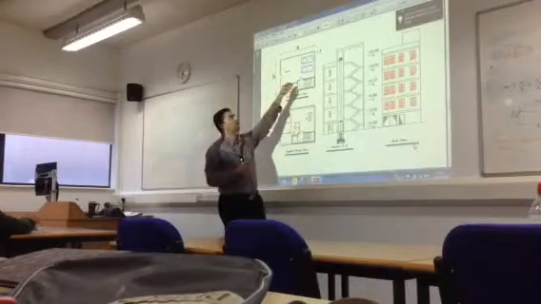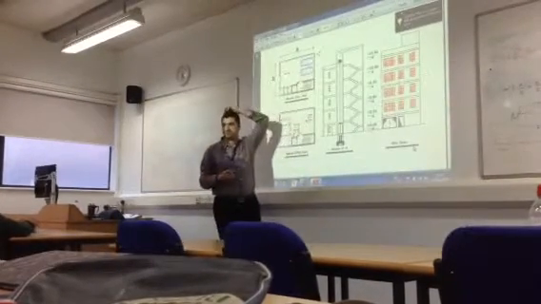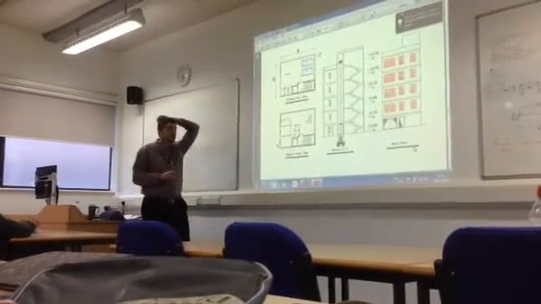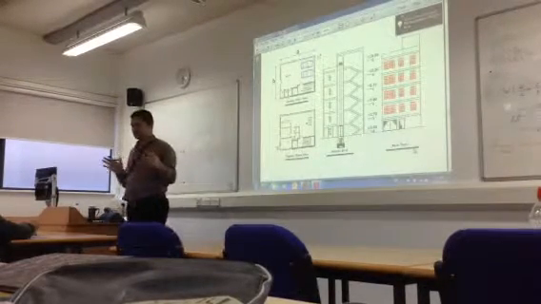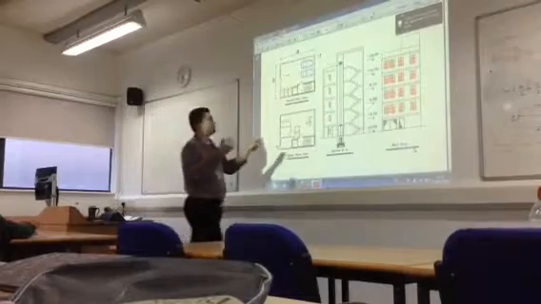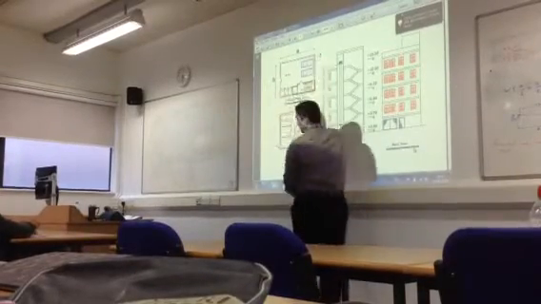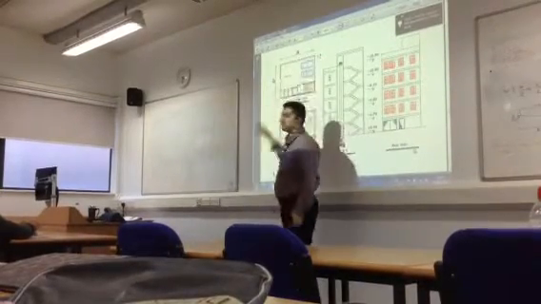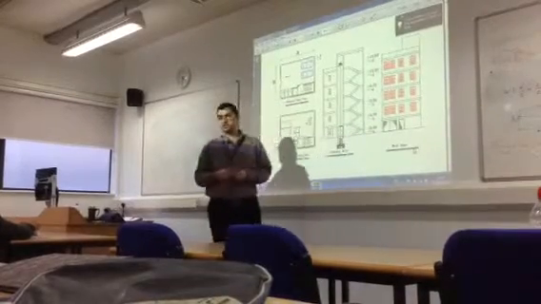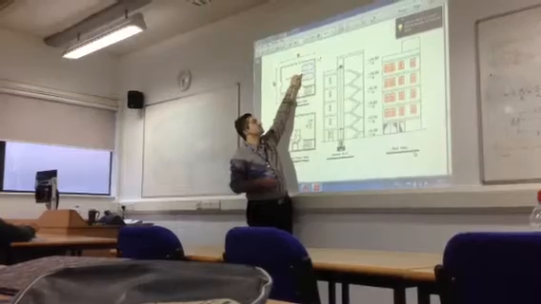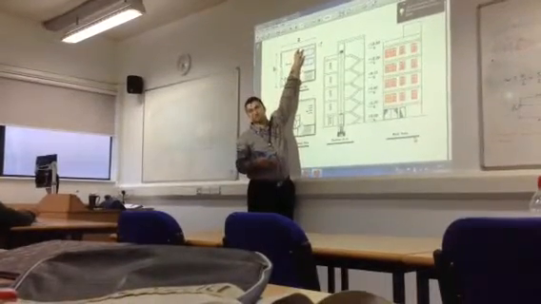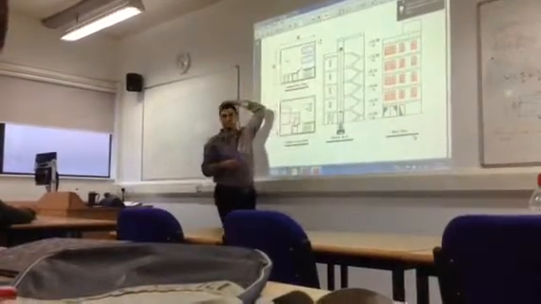Also, you cannot put a column in the middle of the parking. There are different rules, but if the distance between the columns is 5 meters, you can have 2 parking spaces here. So you cannot put a column here and leave just 2 meters for this one. You have to be smart.